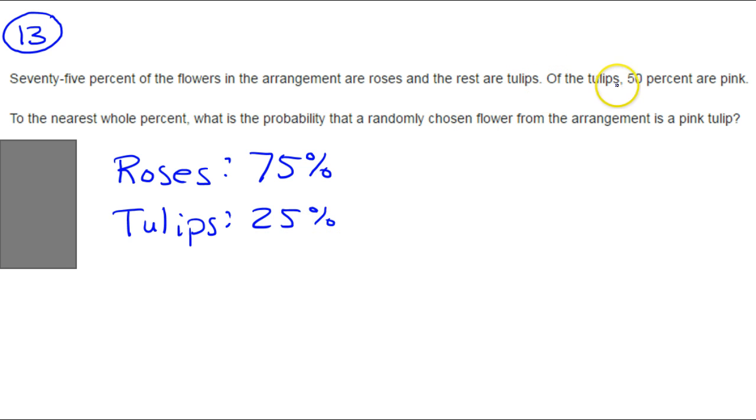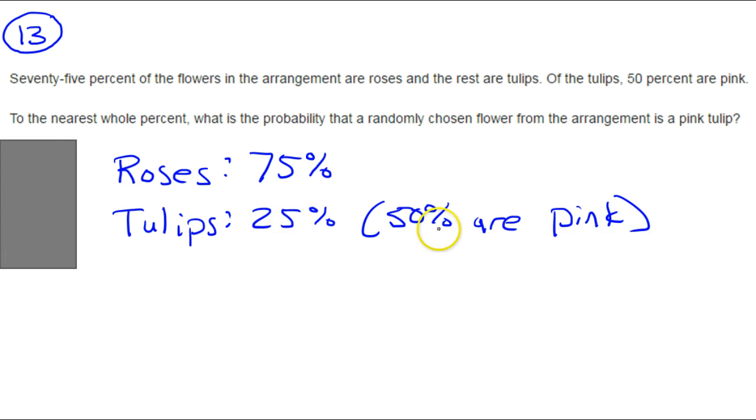Of the tulips, 50% are pink. Okay. To the nearest whole percent, what is the probability that a randomly chosen flower from the arrangement is a pink tulip? A pink tulip.